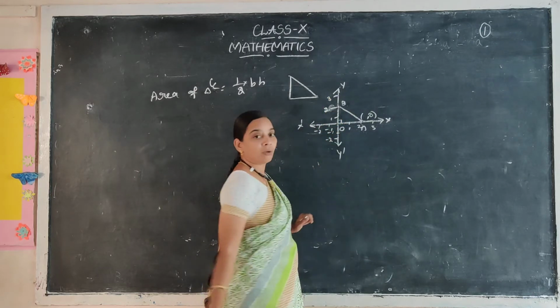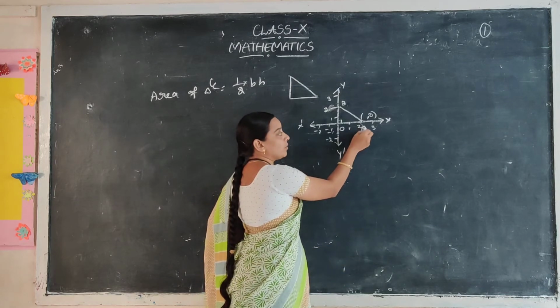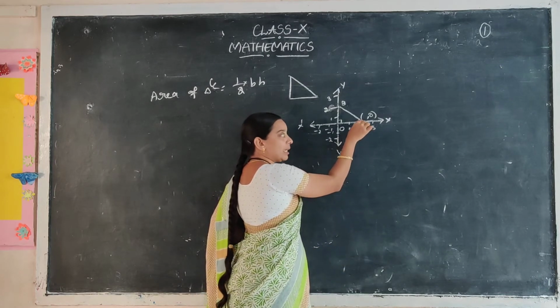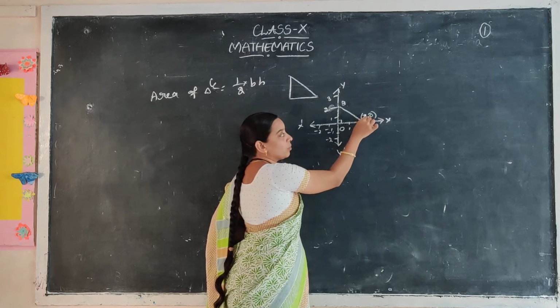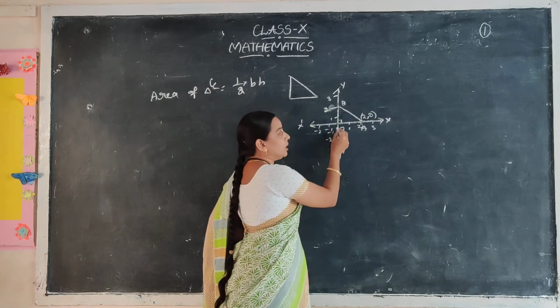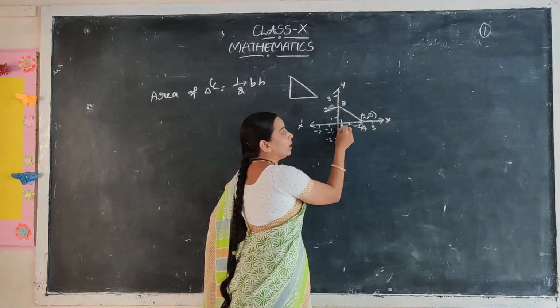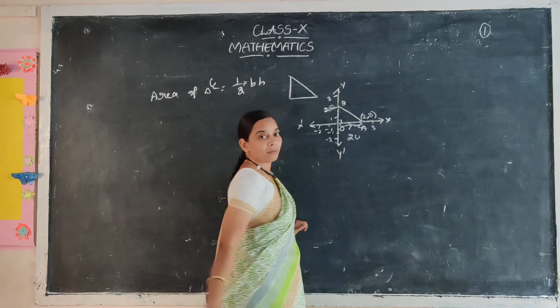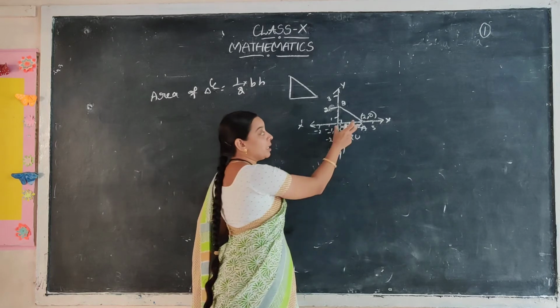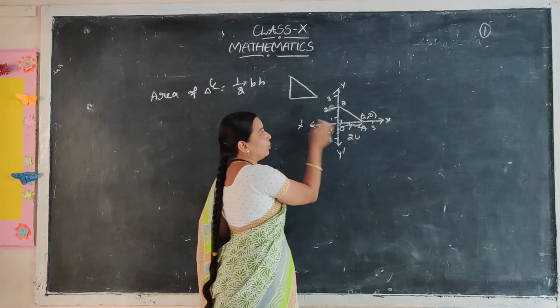So observe the coordinates of A. A point on the x-axis means the y coordinate is 0 and the x value is 2. That means the length of OA is 2 units. So the base of the triangle is 2 units.